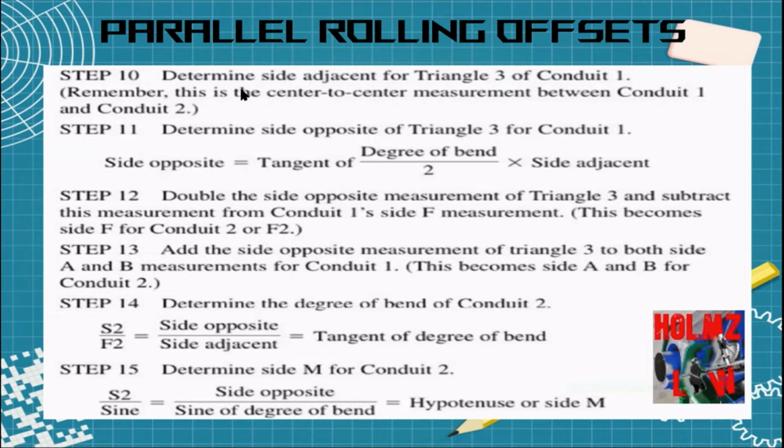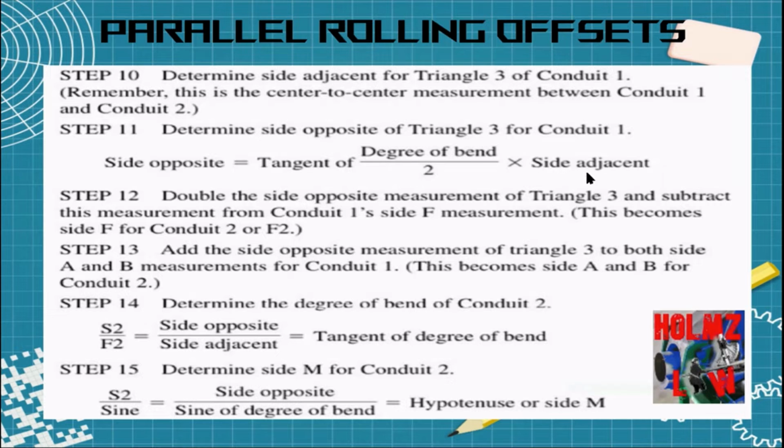Determine side adjacent for triangle 3 of conduit 1. Remember, this is the center to center measurement between conduit 1 and conduit 2, like I just mentioned before. Now, in order to do that, it's quite simple. Determine side opposite of triangle 3 for conduit 1. The side opposite equals the tangent of the degree of bend divided by 2, times the side adjacent.